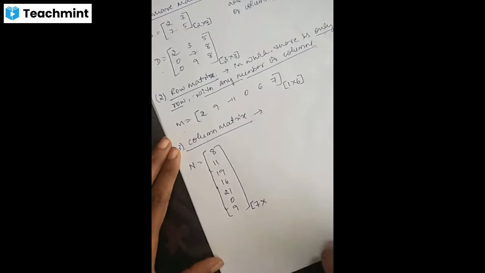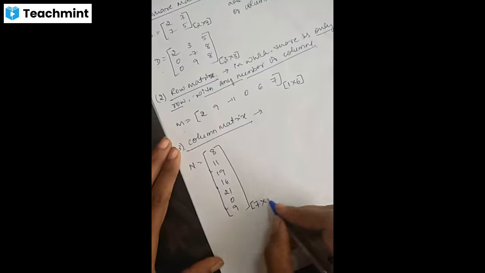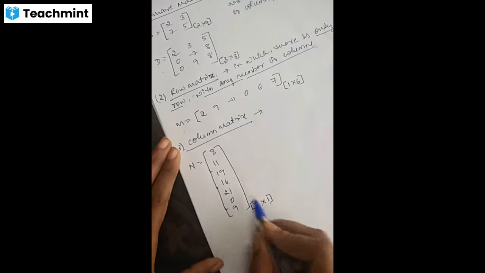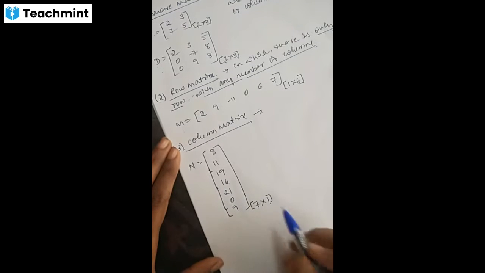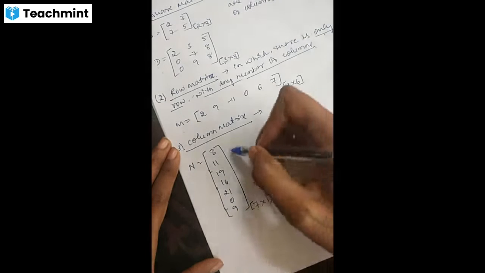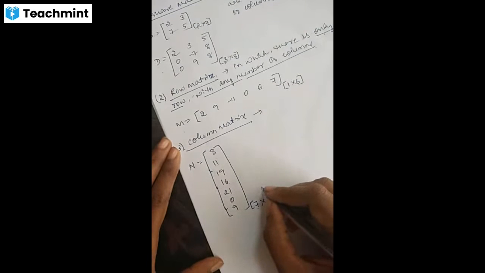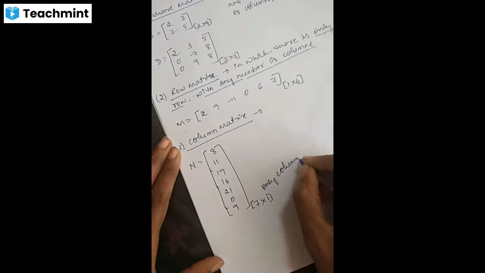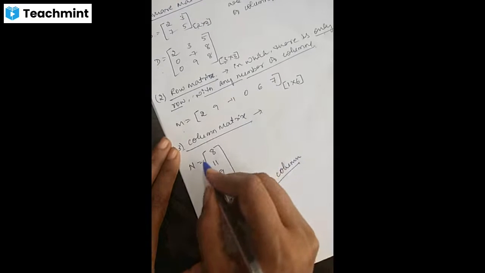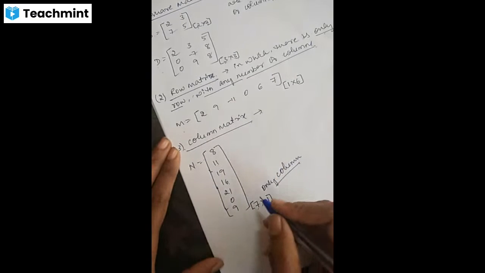How many columns are there? Only one column. So 7 rows are there and one column. In this matrix, you can see only one column. One column with any number of rows, right?